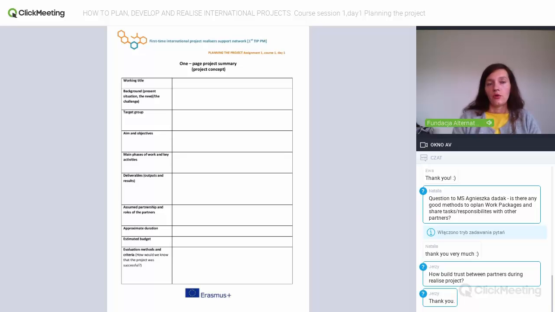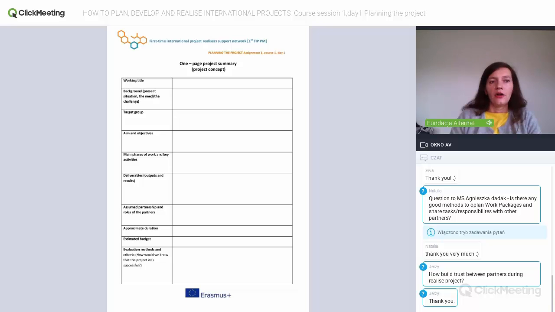So here is the project concept, including a title, a background, target groups, aim and objectives, the main phases of work, the things you would like to deliver, deliverables, the partnership roles and tasks, duration, a frame, budget, and evaluation methods and criteria. I will also introduce this in the afternoon.